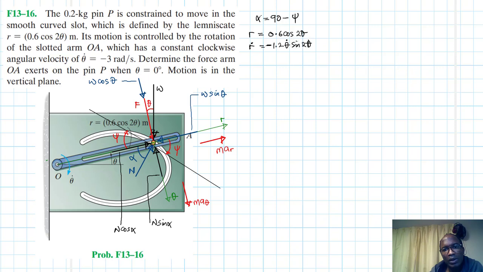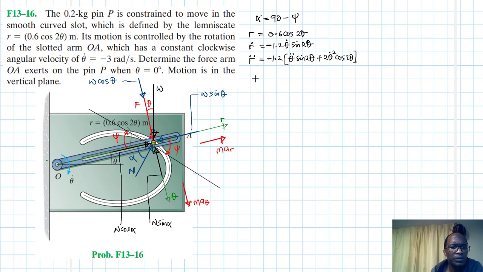sine 2 theta. In r double dot, we are going to use product rule. I'll factor out this. So I'll find the derivative of one function, then the other one remains constant. So theta double dot just sine 2 theta, and then plus 2 theta dot squared cos 2 theta. Okay, get it?